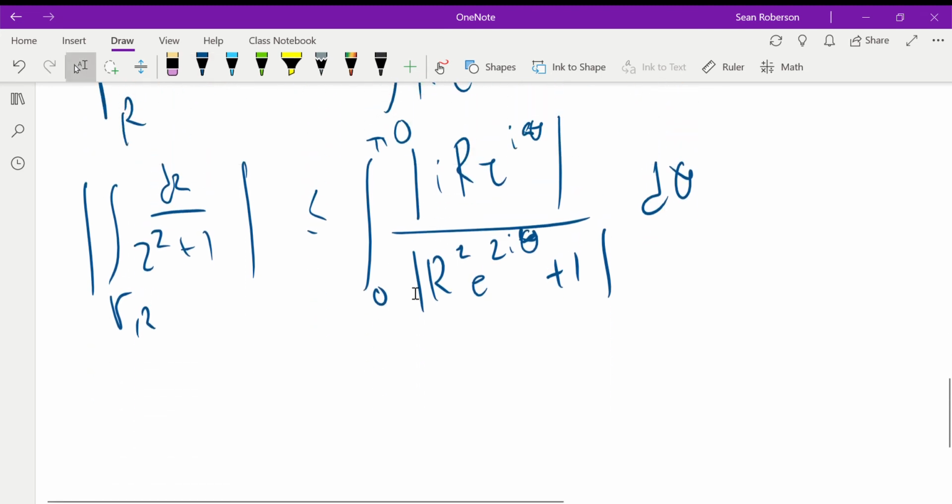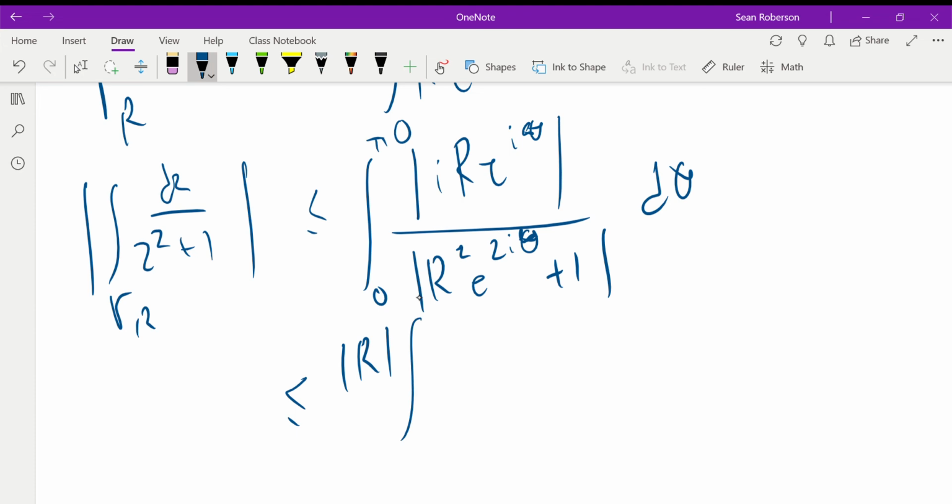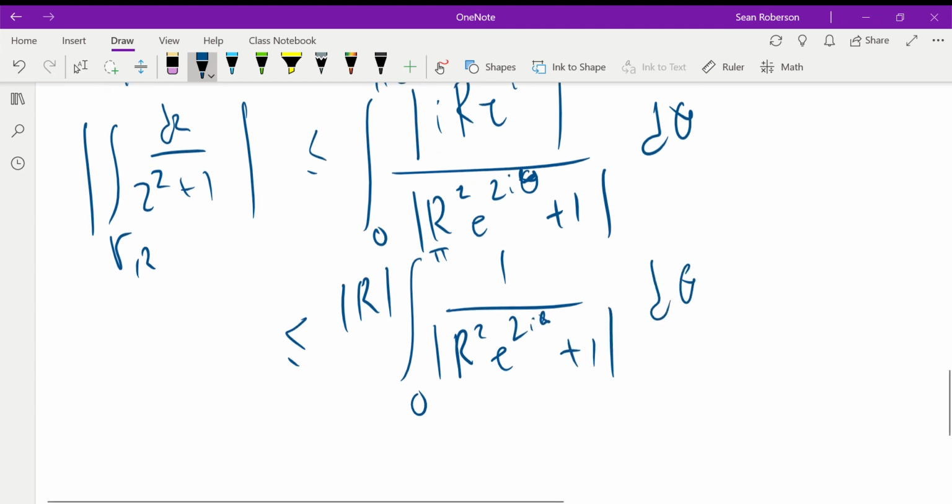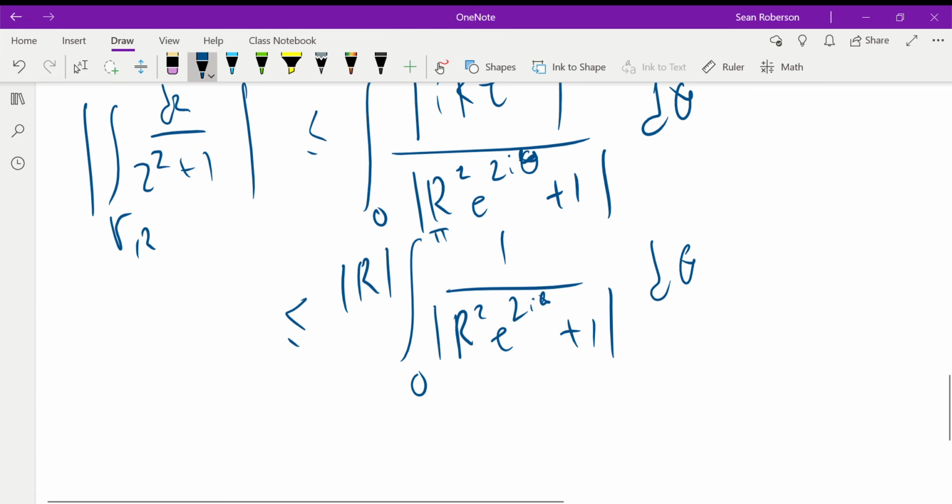And now we can make some estimates here. The numerator is easy, because I have an r here which is a real number. I can just pull that out as absolute value r. But now on the bottom, we have 1 over the modulus of r squared e to the 2i theta plus 1. If you know how to estimate this, this is actually no problem because it's in the denominator.